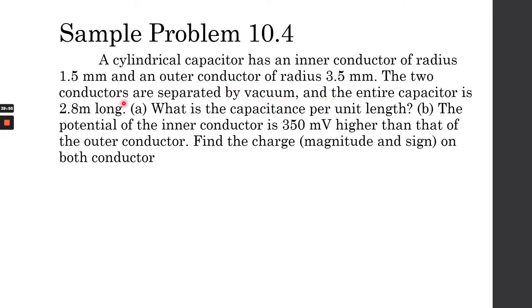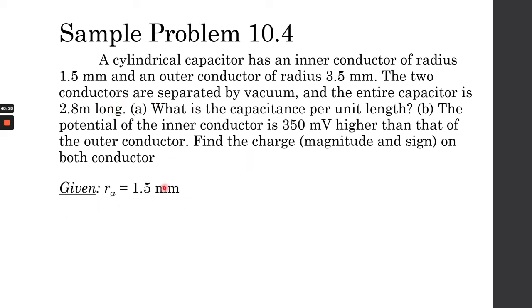The entire capacitor is 2.8 meters long, so you have L. What is the capacitance per unit length? We'll discuss this later. The potential of the inner conductor is 350 millivolts higher than that of the outer conductor. Find the charge and magnitude of both conductors.